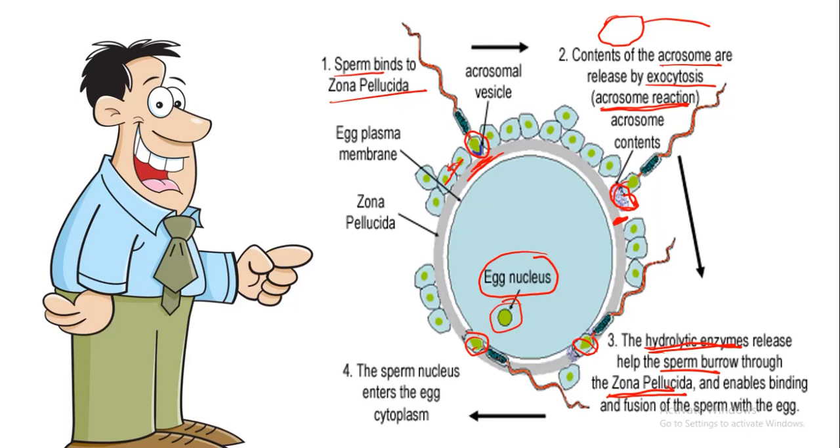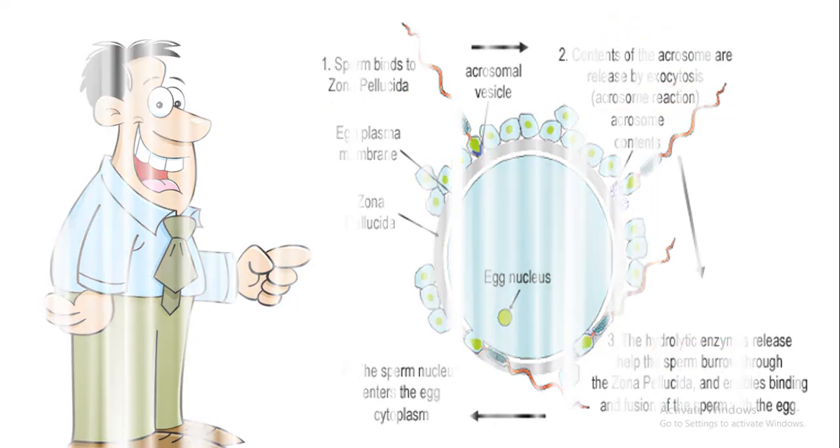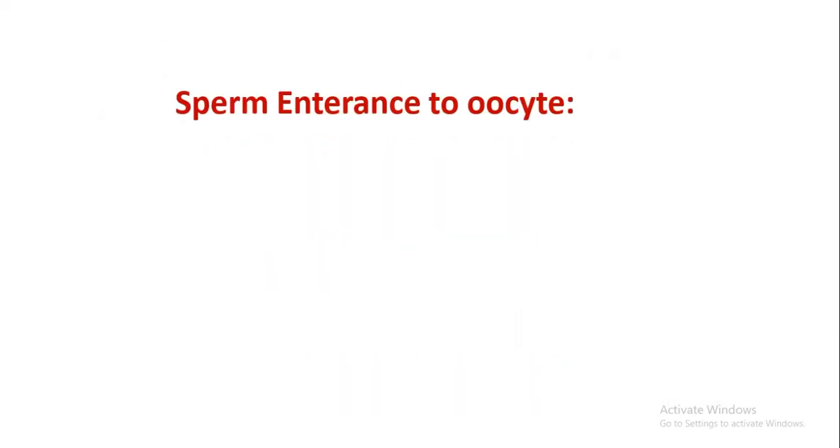So with that being said, I'm pretty sure we need to understand something. After the sperm penetrates the zona pellucida, there is a fusion of these two cells. Now, what happens when the sperm enters the oocyte?